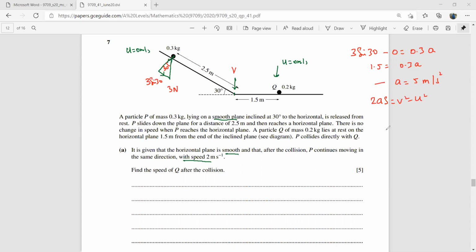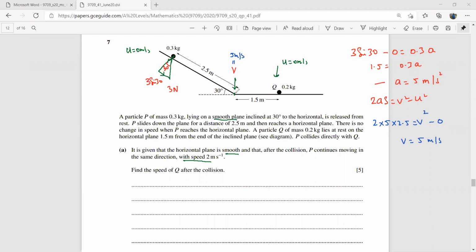So this is going to give me 2 into 5 into 2.5, that is equal to v square, and there is minus 0. So this v square is going to be 2 into 5, 10, 25. So that is going to be 5 meter per second. That means when it reaches here, it is going to be 5 meter per second.